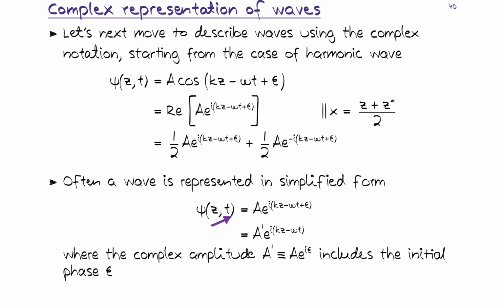But I will be speaking about this later when we go into the treatment of Maxwell's equations, because there we will be defining what the electric field and the magnetic field are. And then I can say why physically we want the electric field to be a real valued quantity.